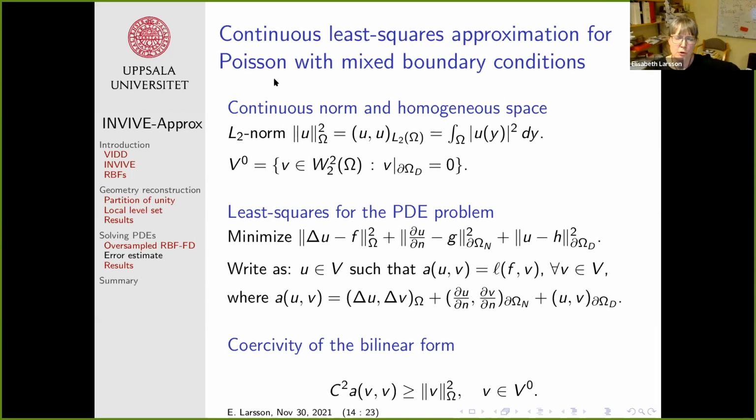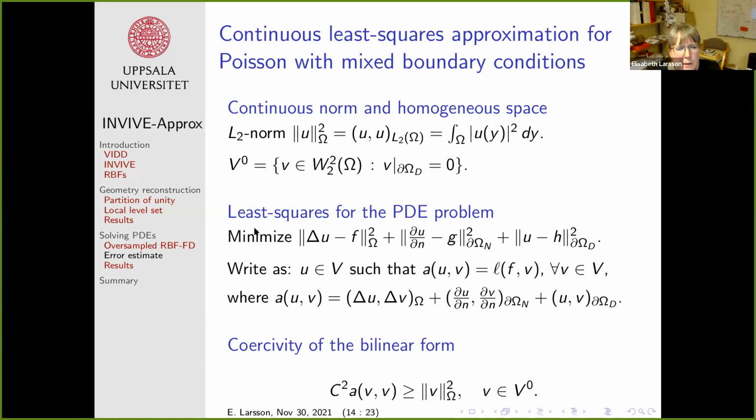And we will do this for a Poisson problem with a mixed boundary condition, Dirichlet and Neumann conditions. And we introduce the normal L2 norm, continuous L2 norm on the domain. And we also introduce a space, which in this case is homogeneous for the Dirichlet boundary, because this is helping our analysis. It's not a restriction in any way, because we can just reformulate the problem so that it fits in this way.